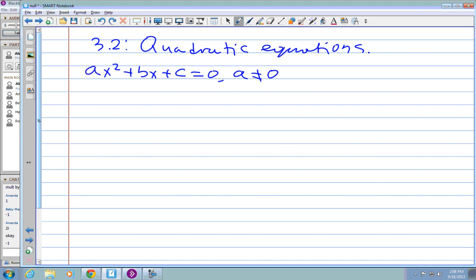One is by factoring. So if your equation can be factored, life is really, really good. Your book calls it the zero product property.